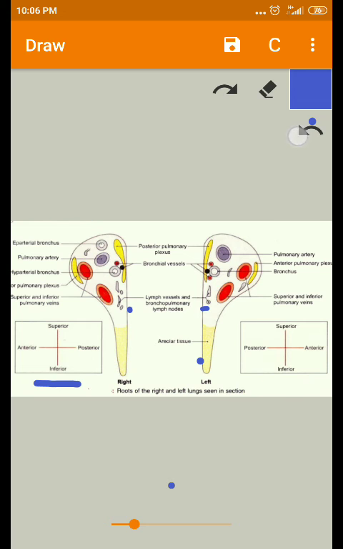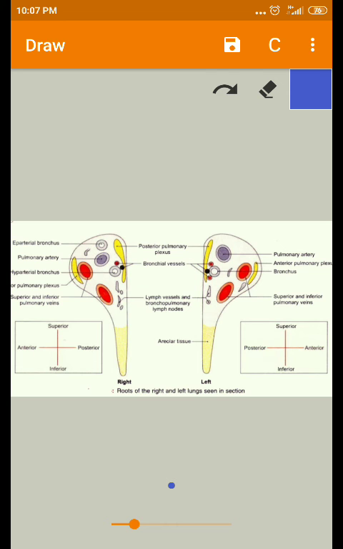Whatever structures we have studied are based on their anatomical positions, whether present superiorly, anteriorly, posteriorly or inferiorly. Now we have seen all these structures, and we are going to see their arrangements.